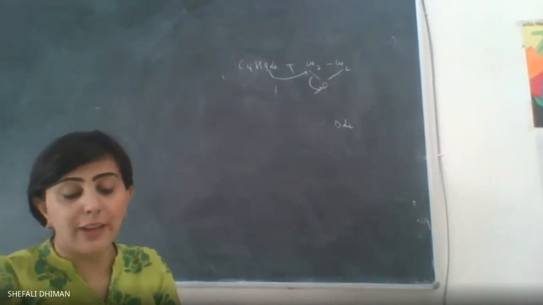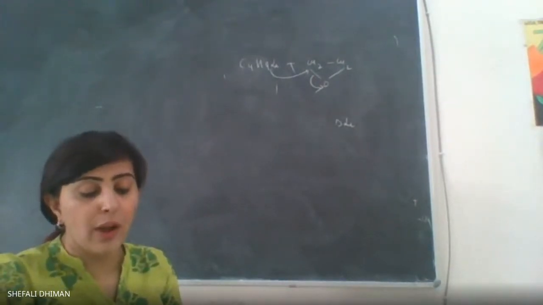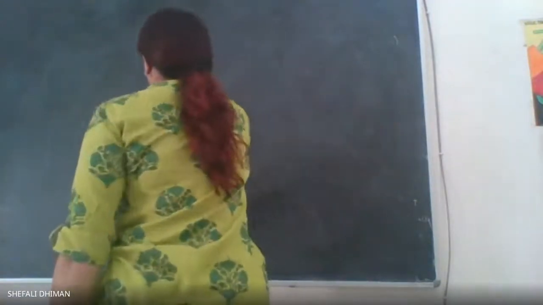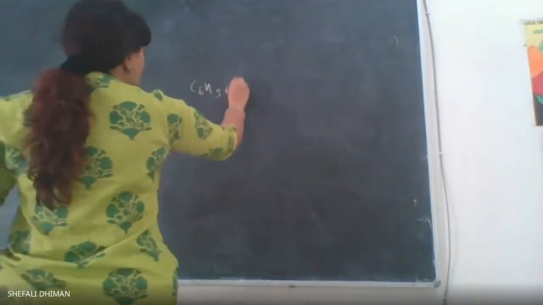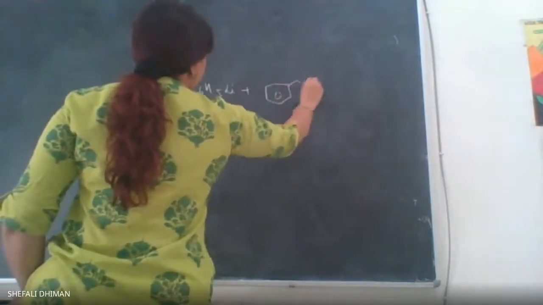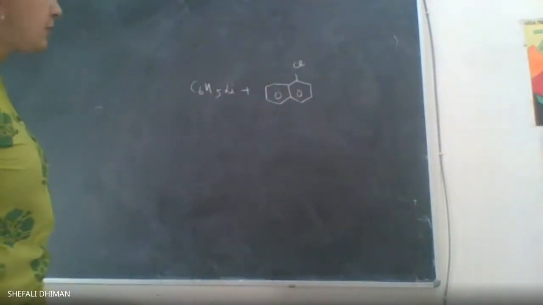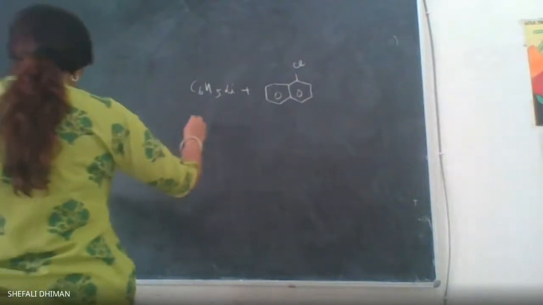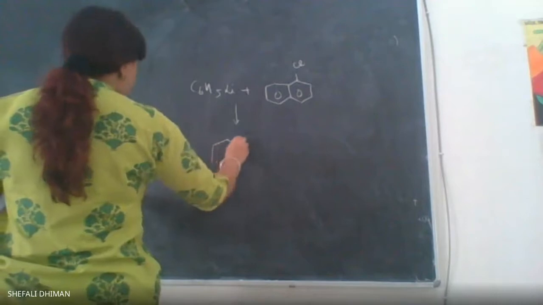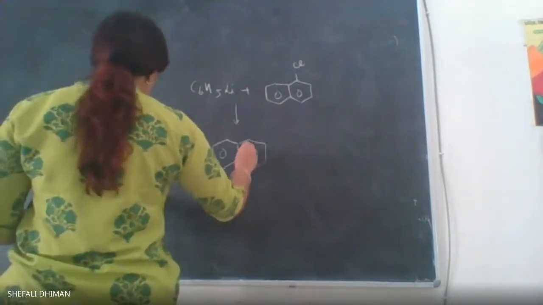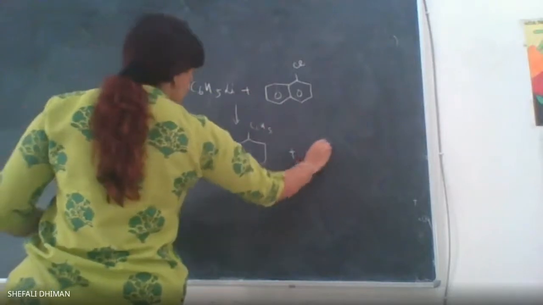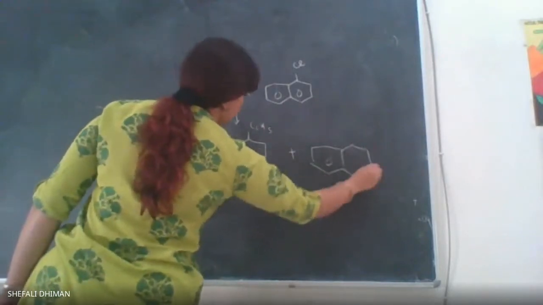So let us see, if I have phenyl lithium, C6H5Li, and I react it with chloromethylene, I form alpha phenyl plus beta phenyl methylene as the product.